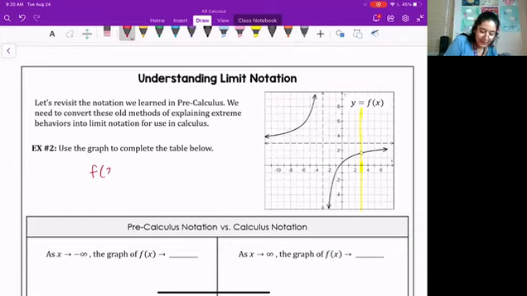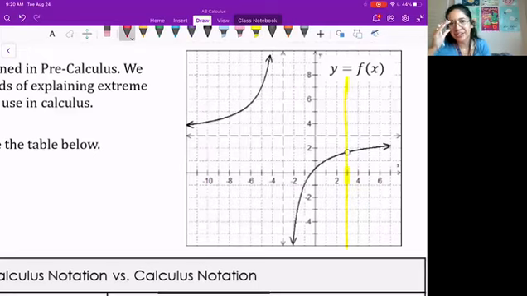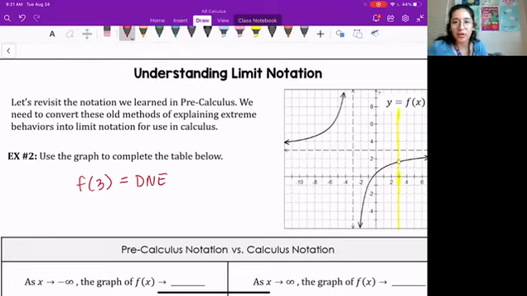If I asked you, what is f of 3 here? If I were to plug in 3, what is the y value? There's not one, there's a hole there. So f of 3 does not exist. There is no output if I plug 3 into this equation.